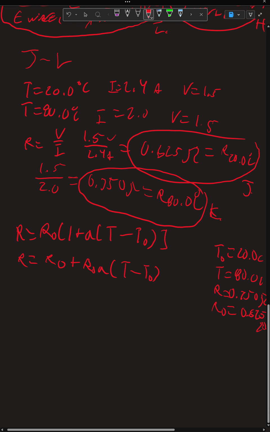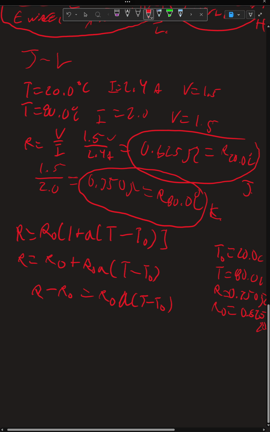We move R0 to the left, so it'll be R minus R0 equals R0A times T minus T0.